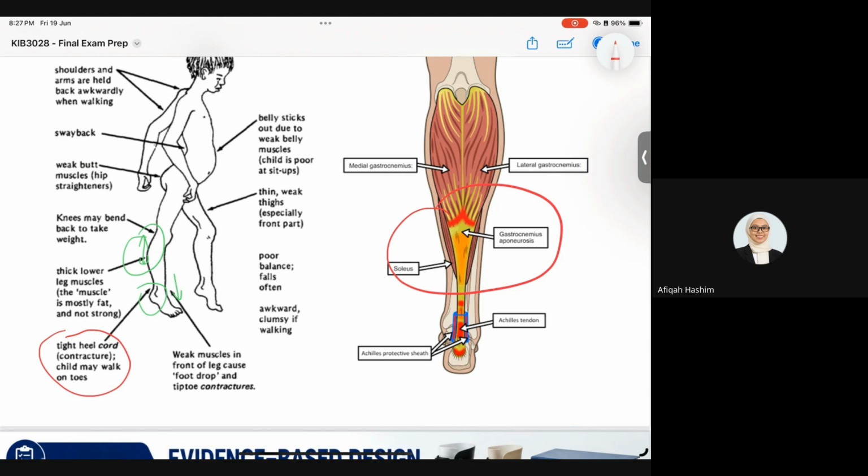So in DMD, Duchenne muscular dystrophy, many of these muscles become weak gradually, especially the hip abductor, hip extensor, the quadriceps, and the ankle muscle. Because of this weakness, the child cannot react quickly when the body starts to sway left and right, front and back.